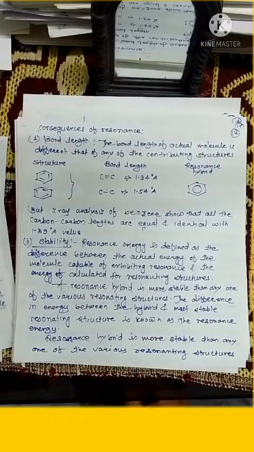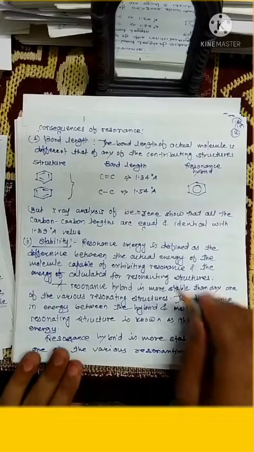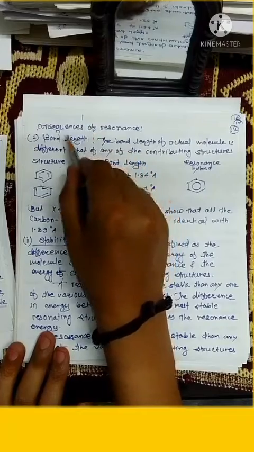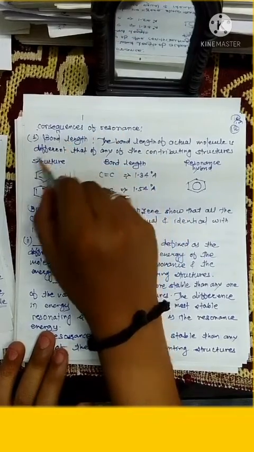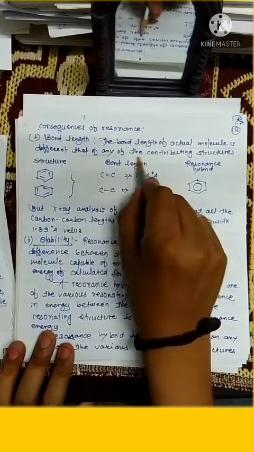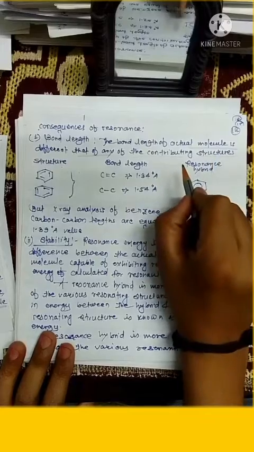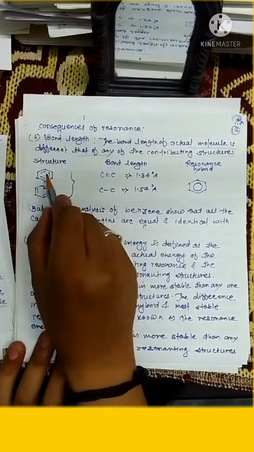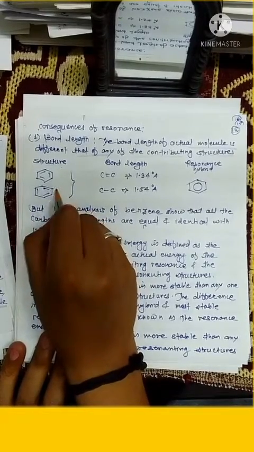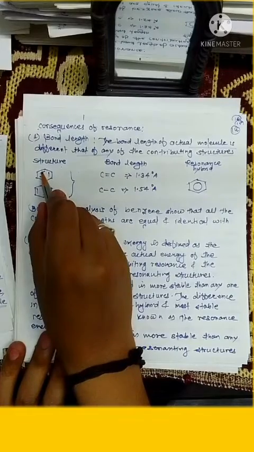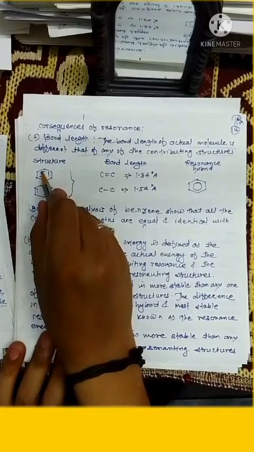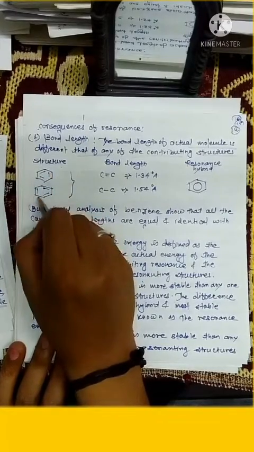Now, what are the consequences of resonance? First, what consequences are seen due to resonance in bond length? The bond length of the actual molecule is different from that of any of the contributing structures. For example, if a structure of benzene is written like this, we can clearly see that in both structures there are alternate double and single bonds.